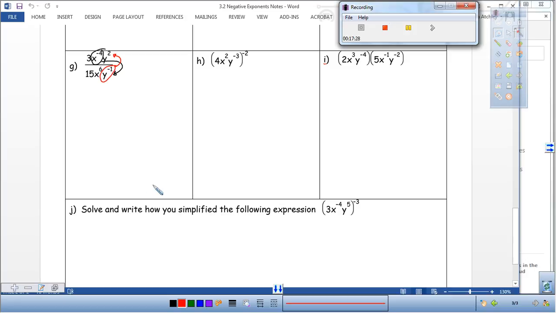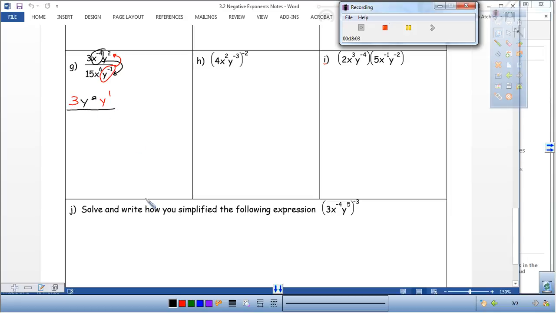Okay, anything without a negative exponent is going to stay where it is. So 3 is on top. I have the x to the negative 4 is moving, so I don't need that. I have the y squared, and then I'm bringing another y up. So y to the first is now here. And it becomes a positive exponent once I move it.